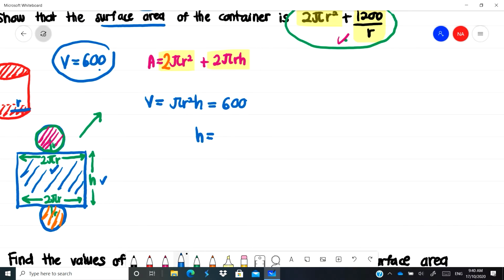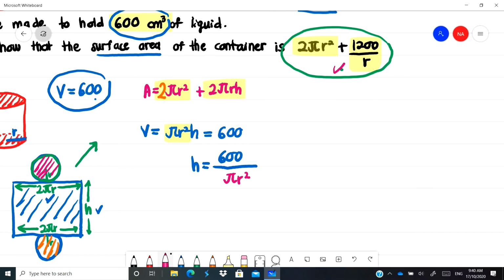So we write 600, and we bring this part pi r square to the denominator, so it becomes 600 over pi r square. So h is given by 600 over pi r square, meaning we manipulate the formula of the volume.